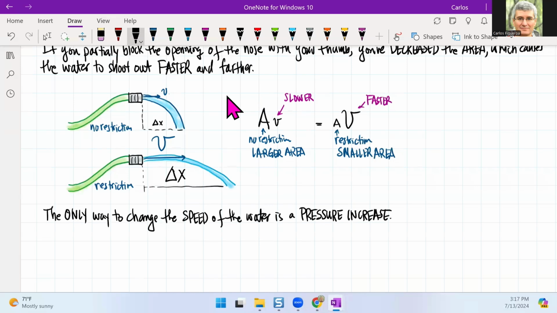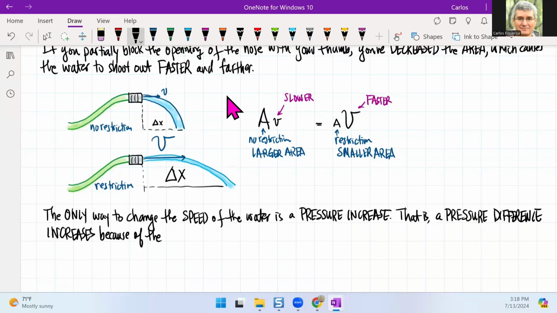You need a pressure increase. That is, by you putting your thumb over the water, there's a higher pressure. So a pressure difference increases because of the restriction. And we won't go into the details.